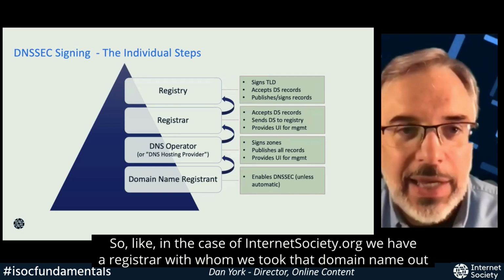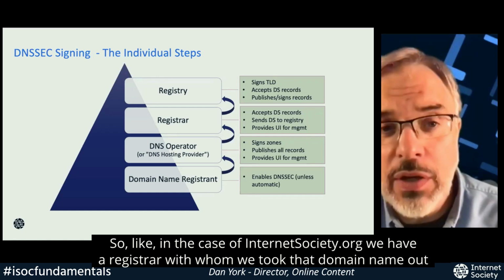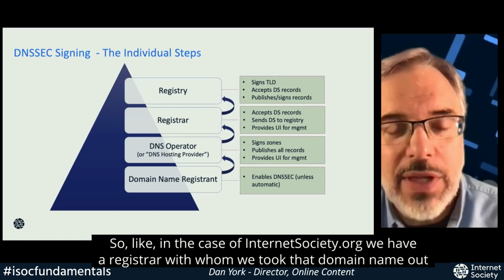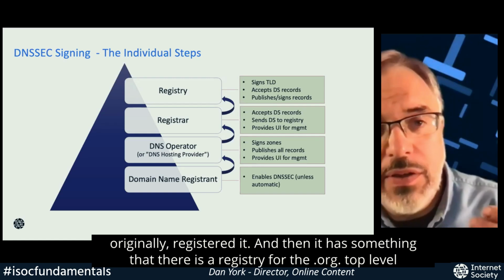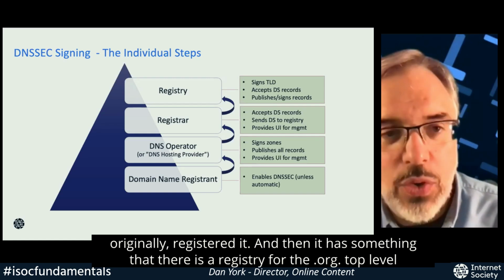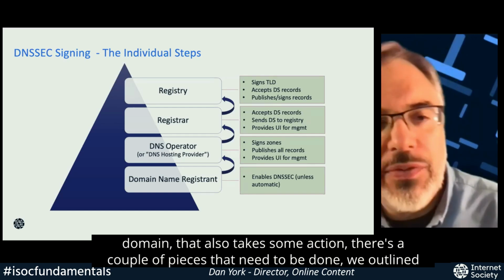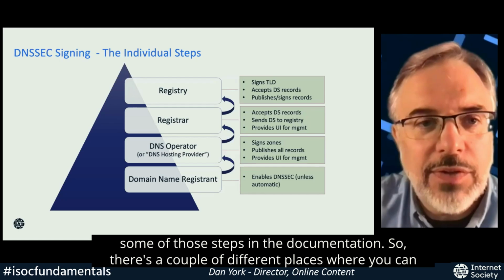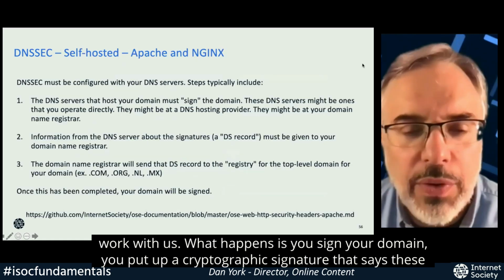So in the case of internetsociety.org, we have a registrar with whom we registered that domain name originally. And then there is a registry for the .org top level domain that also takes some action. There's a couple of pieces that need to be done. We outlined some of those steps in the documentation. So there's a couple of different places where you can work with this.